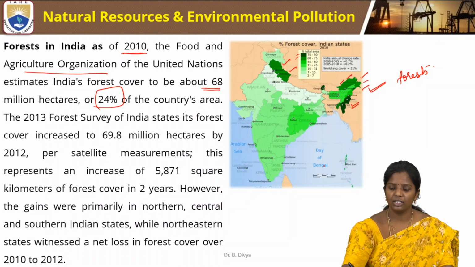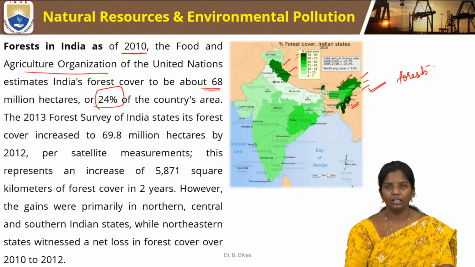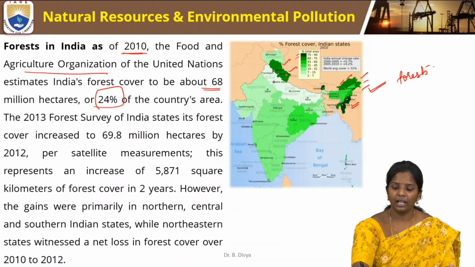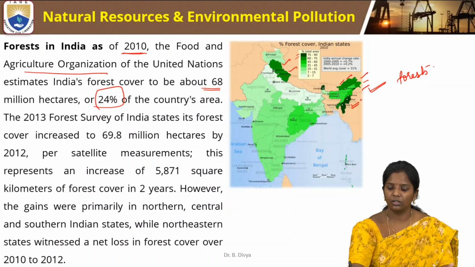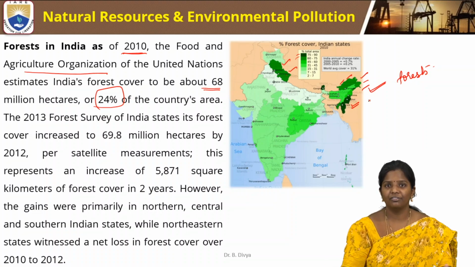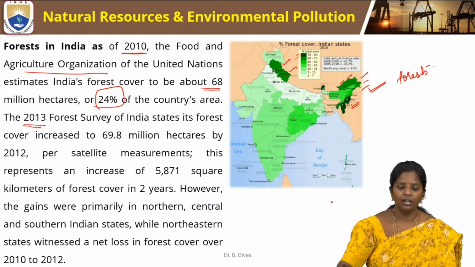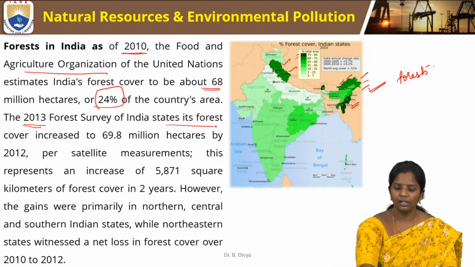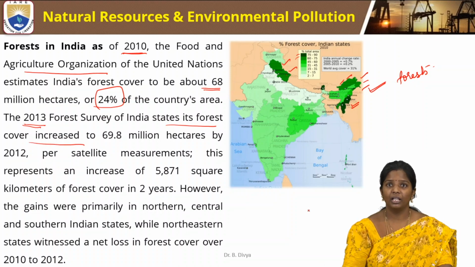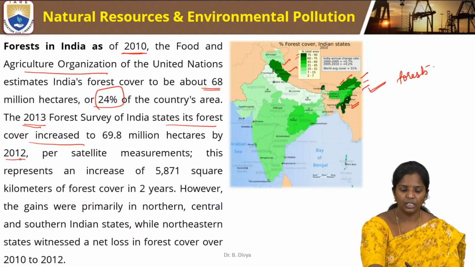We have a lot of forest here, so the habitable place will be low, because at the higher altitudes the temperature is very low, and also in the eastern states. So that is why the forest has been developed. So in 2013, the Forest Survey of India stated its forest cover increased to 69.8 million hectares by 2012.